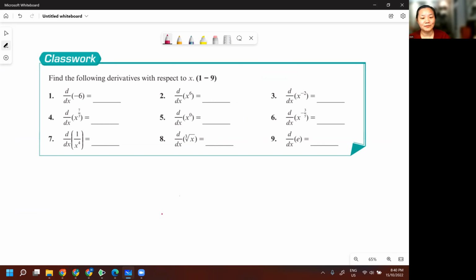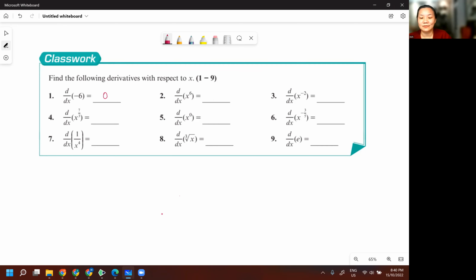Number 1, remember d/dx of y. y is -6. That is to differentiate -6. -6 is a constant, therefore d/dx of -6 is equal to 0.